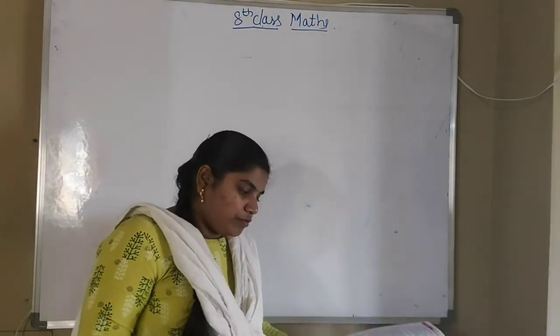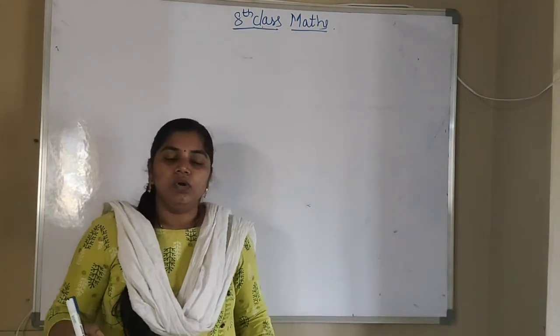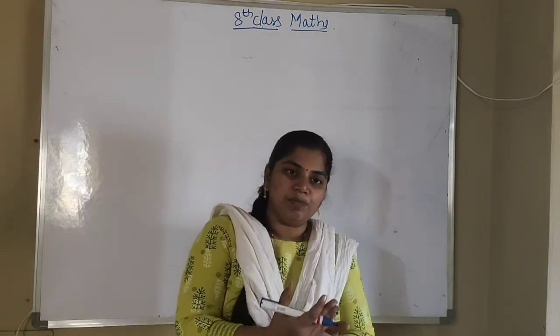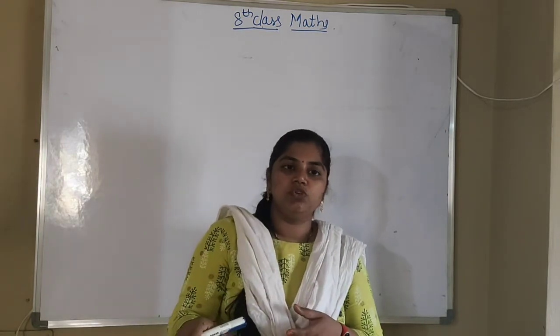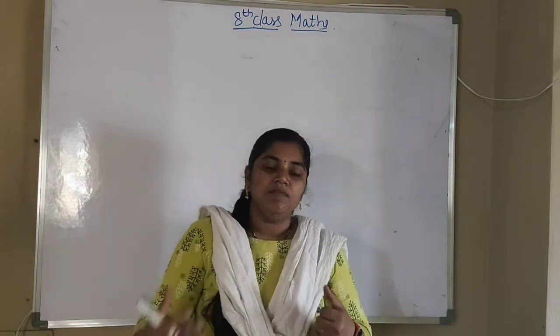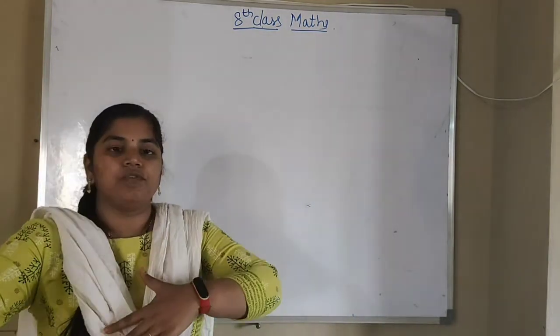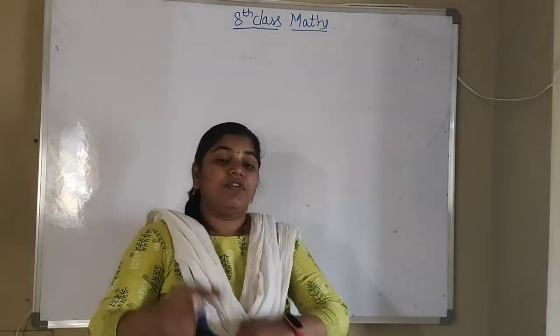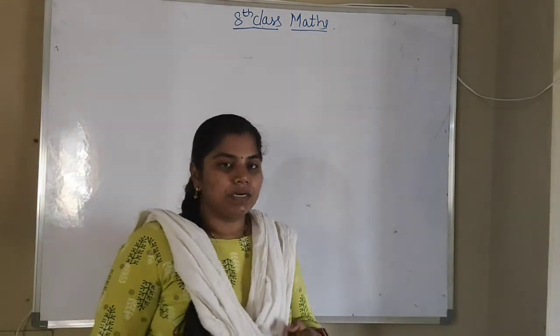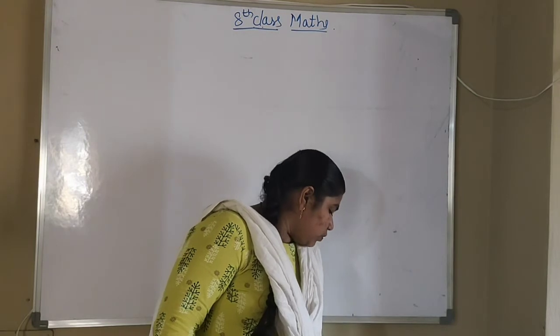So first we have to find the CP value. How? They have given the SP and gain. By using these two values we have to find the CP value first. After getting the CP value, then we have to find the SP value again for the gain of 10%. Okay. So first is what? Sold.